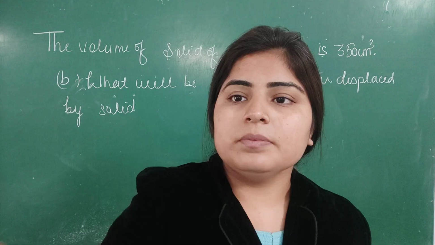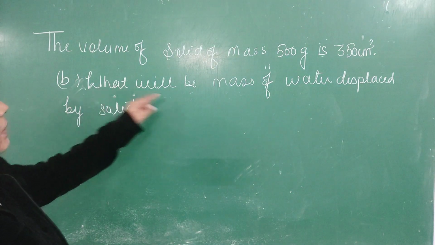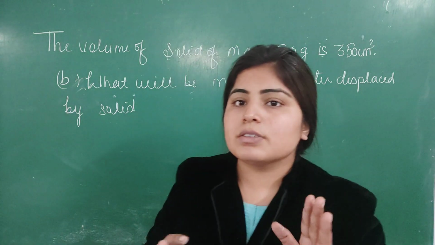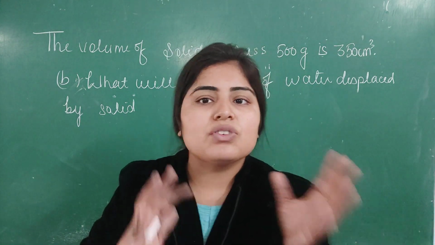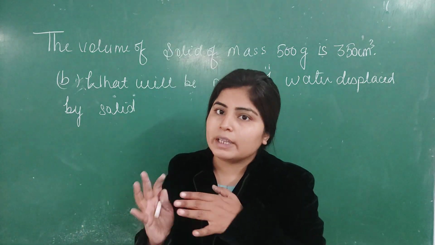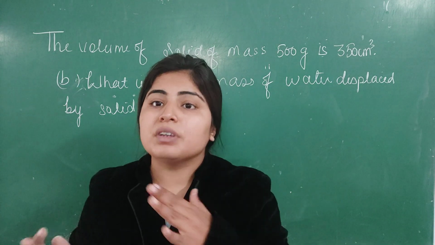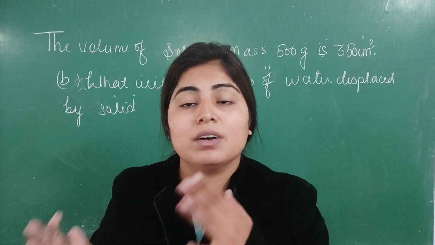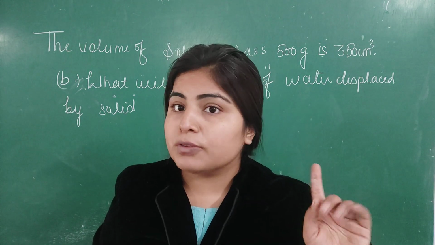In the second part of the question, what will be the mass of the water displaced by the solid? And we know that the solid can displace the water equal to its volume. जितना ऑब्जेक्ट का वॉल्यूम होगा उतना ही वाटर तो डिस्प्लेस होगा. It means that the volume of the displaced water will be equal to the volume of the solid.